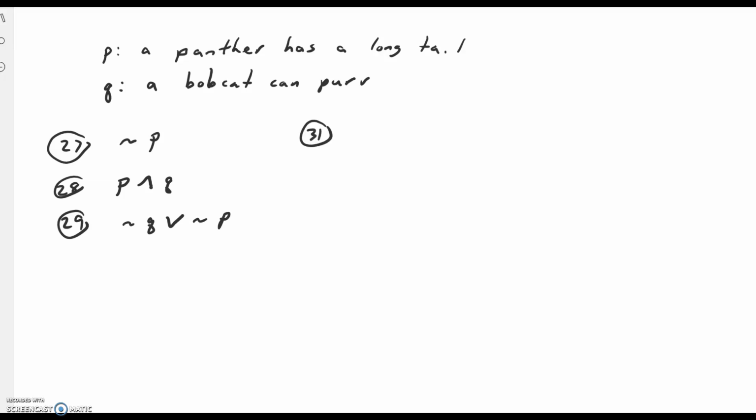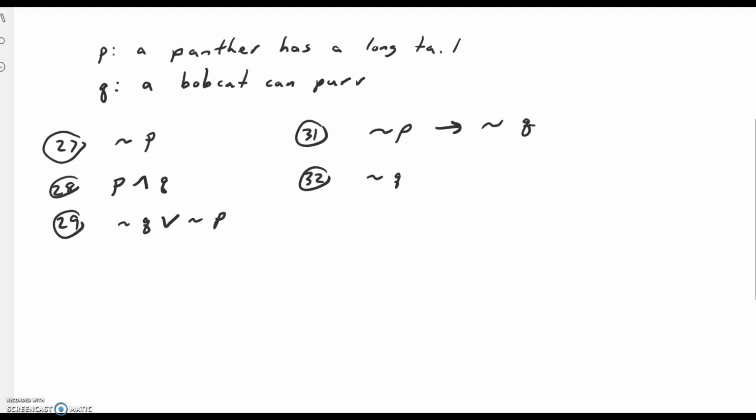If a panther does not have a long tail, so if the negation of P, then a bobcat cannot purr. So if the negation of P, that implies, or then, the negation of Q. A bobcat cannot purr, that's the negation of Q, but a panther has a long tail, that's P. The question is, what does the word but mean?